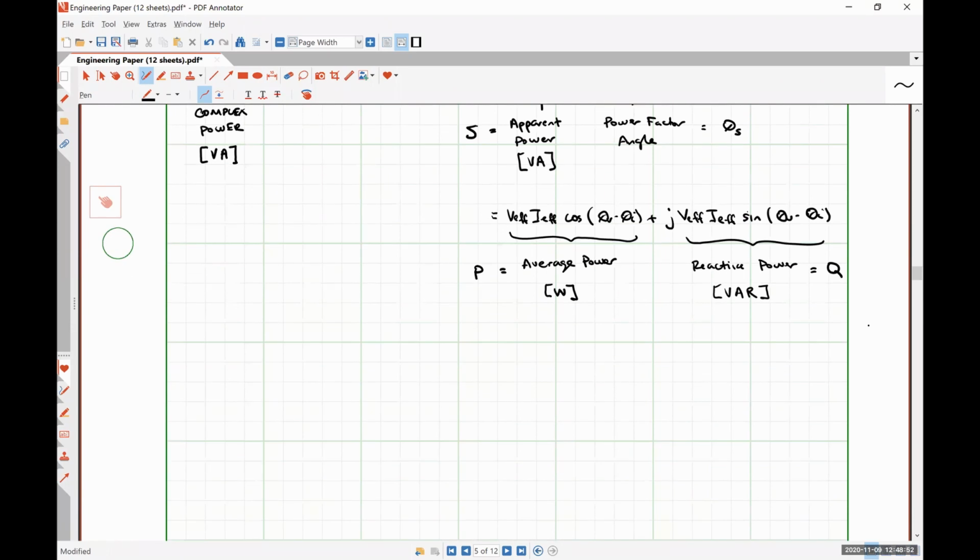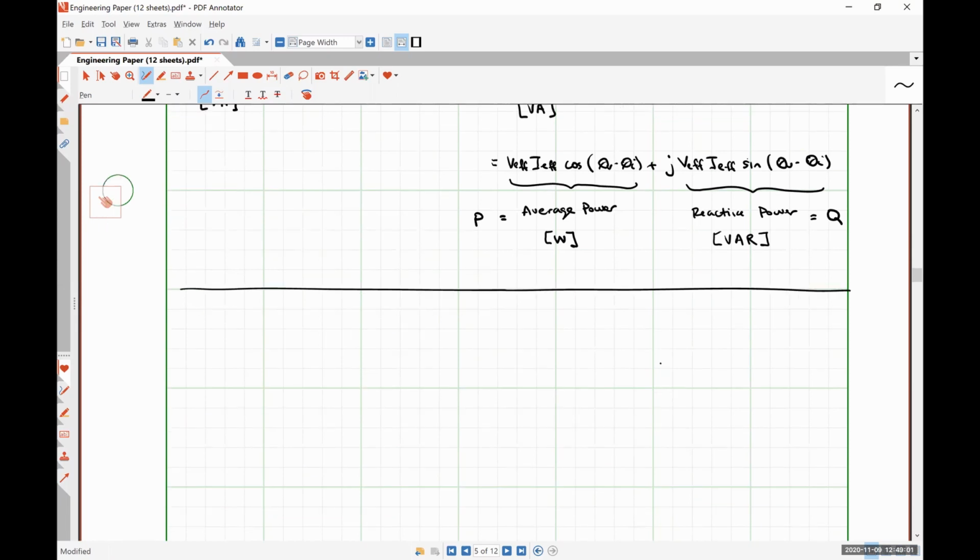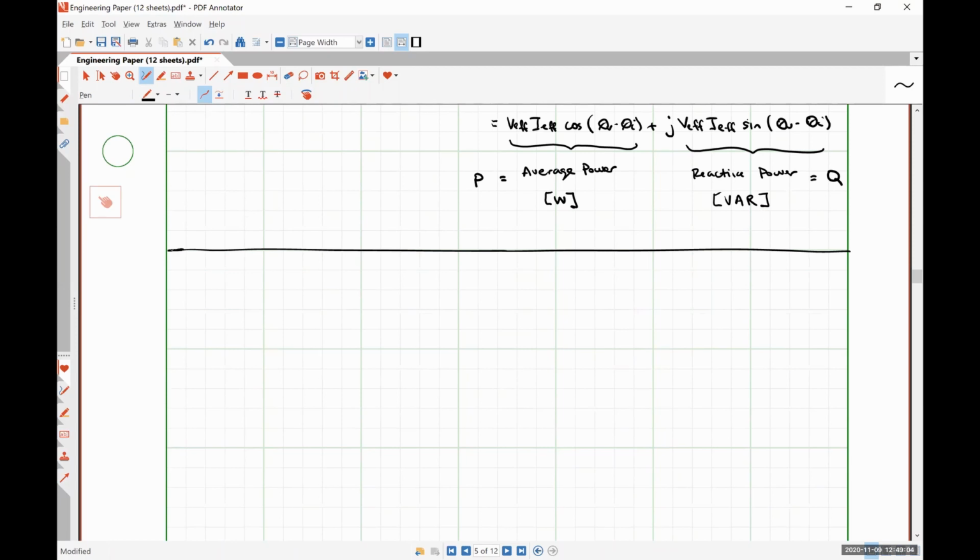So let's consider a simple system. Let's say that we have 208, angle 0 degrees, volts RMS.